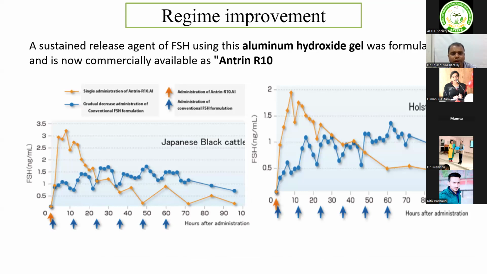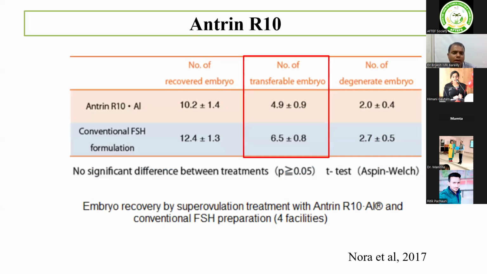In that context, Japanese scientists have made one Antrin R10, wherein I think they are making aluminum hydroxide gel for slow release of this, and they found that a single dose injection itself is giving satisfactory results, and they found that between Antrin and our conventional FSH formulation, the number of transferable embryos is more or less the same, there is no significant difference. But still, people are preferring our conventional methods, those who are practicing in vivo embryo production under their farm condition.